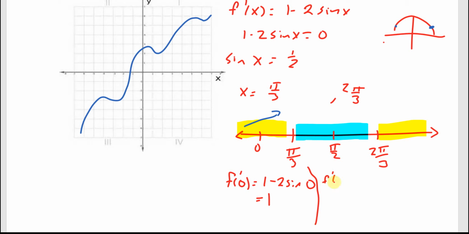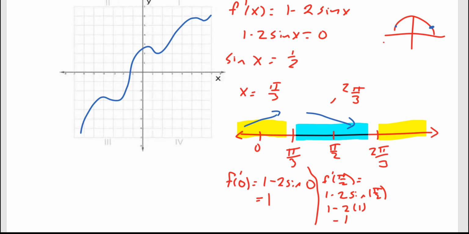So f prime of pi over 2, just for the sake of room, I'm going to write below here, is 1 minus 2 sine of pi over 2. Now, sine of pi over 2 is equal to 1. So we get 1 minus 2 times 1, which would be negative 1. So again, I know that derivative is negative, so it's headed downhill.